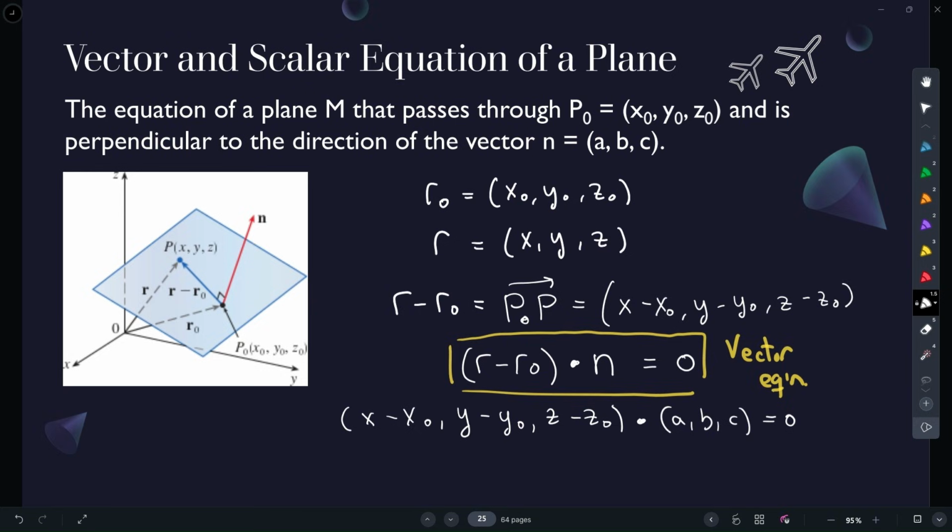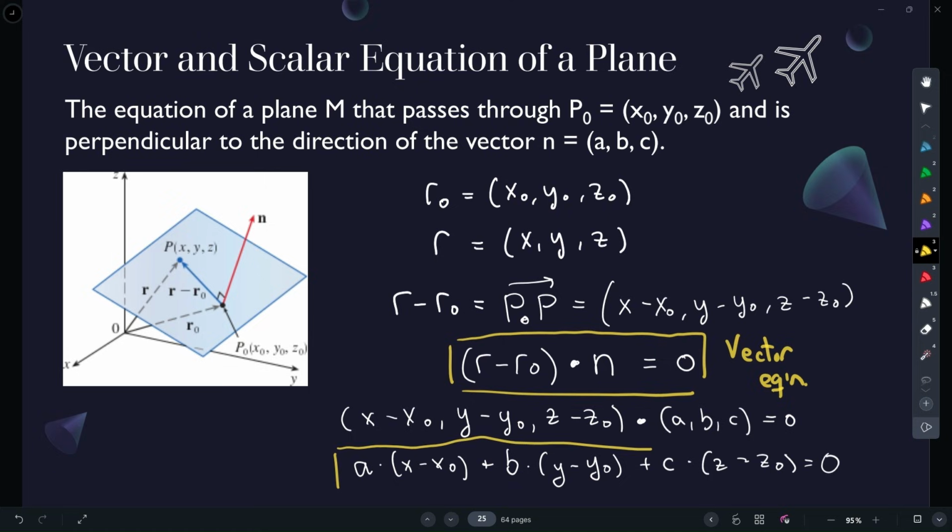If I expand that dot product, what I get is that a times x minus x naught, plus b times y minus y naught, plus c times z minus z naught, is equal to 0. This is what we call the scalar equation of the plane.